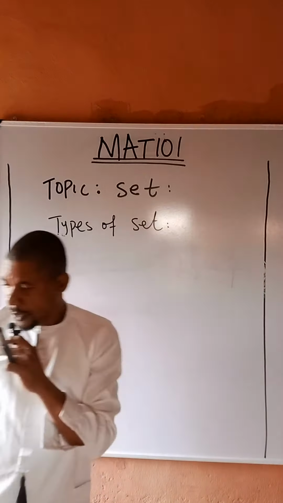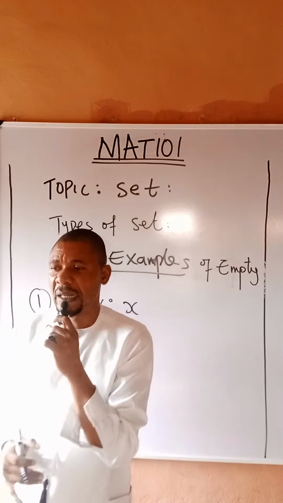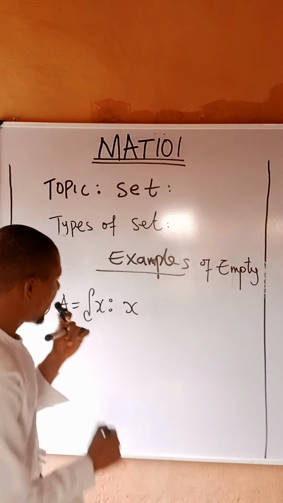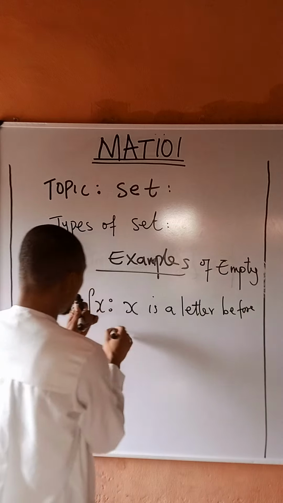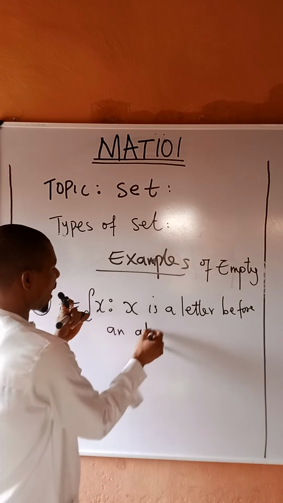One, let's have that A is a set of X such that X is a letter before an alphabet.